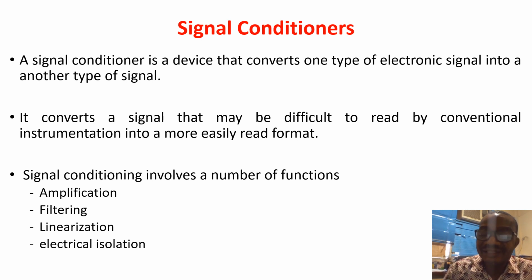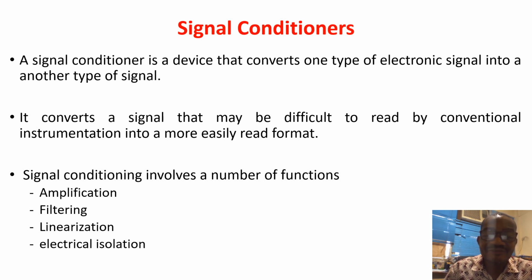That is the work of a signal conditioner, because the raw biological signals that are gotten from the measurand are usually characterized by artifacts, noise, and usually very low, and usually in an unreadable format. So it takes a signal conditioner to prepare this signal and make it possible for a signal processing system to understand the content of the signal.